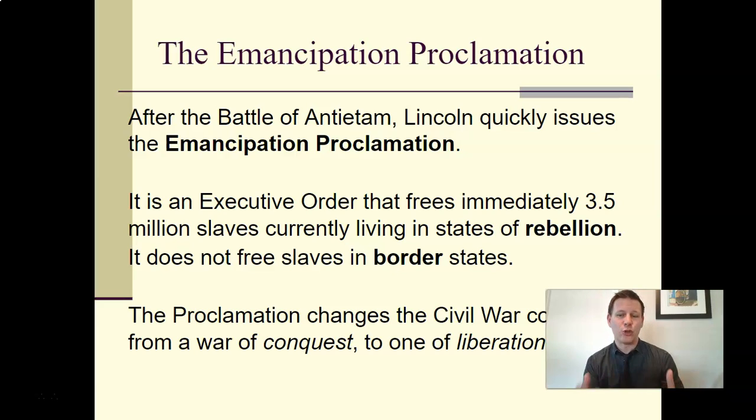They were still controlled. So it's a little hypocritical that some of the states in the North that already had slaves, they could keep them, but those of you that were causing trouble down south, those slaves are now going to be free. So a little uneven message here.